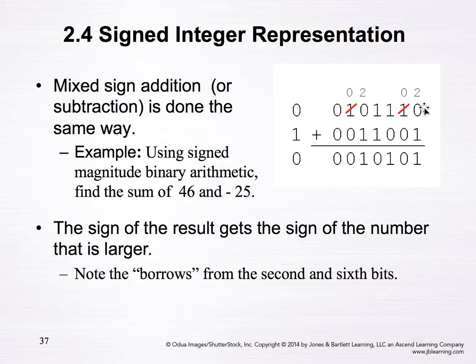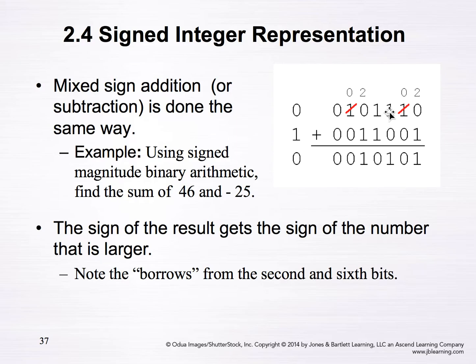So this number subtract this number. Because 0 cannot subtract 1, we borrow 1 from here, and that's equal to 2 in this digit. So we have 2 subtract 1 equal to 1. When we borrow 1 right here, we return 1, so 1 subtract 1 equal to 0.